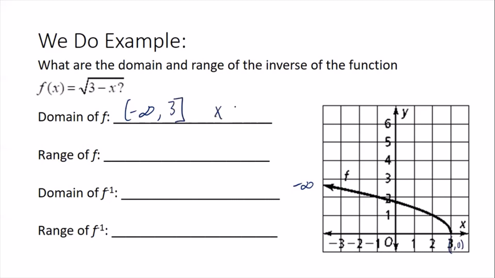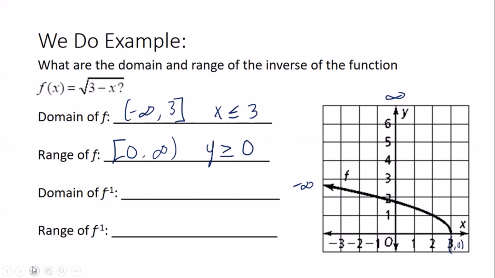So my domain is x is less than or equal to 3. My range, from bottom to top, what is the function doing? What is my lowest y value? 0. So I start at 0, but my y's continue to grow and head towards infinity. So my range is y is greater than or equal to 0.